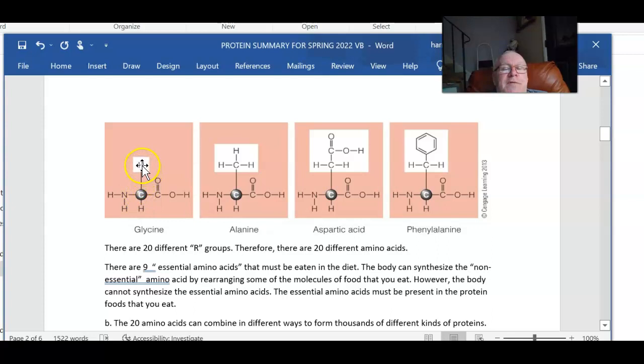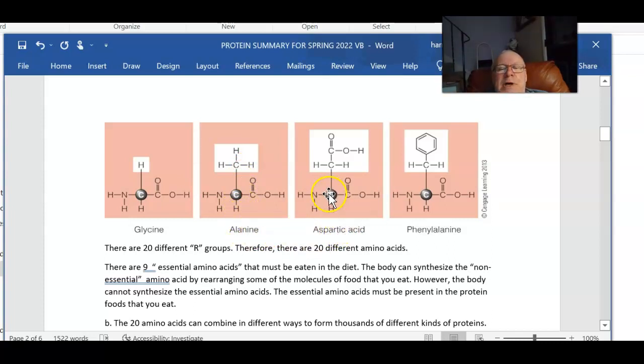And then here's a very, very simple amino acid. The side group is just a hydrogen atom, and it's the amino acid glycine. In this one, the side group is just a carbon with 3 hydrogens attached. This is the amino acid alanine.